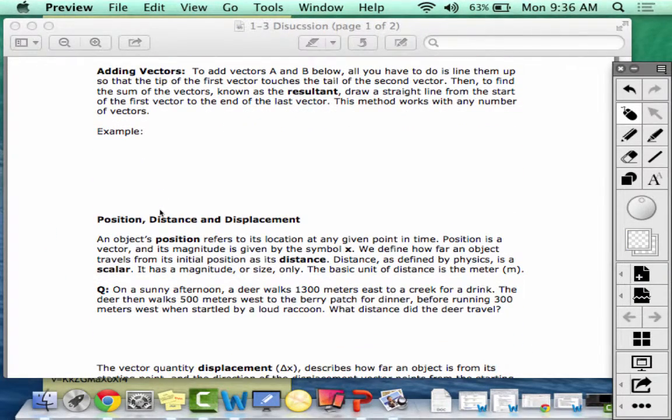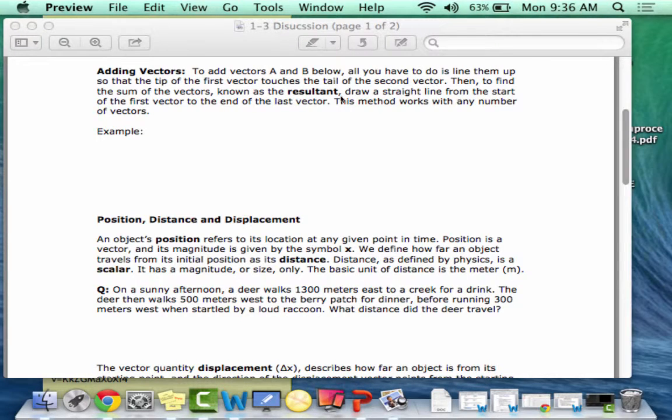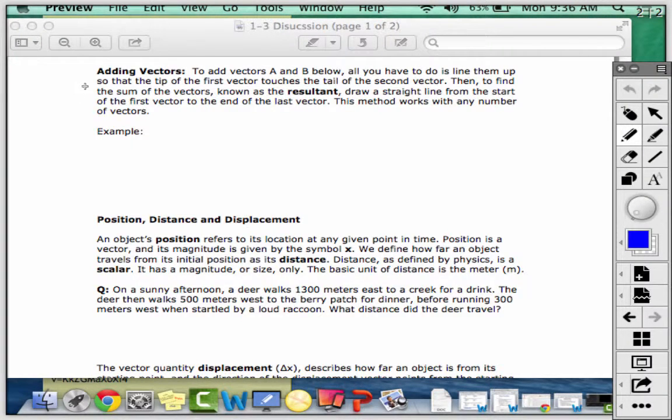Adding vectors is something we'll do in a lot more detail later on. But for right now, let's say, Darian, you play football, right? Yeah. Okay. Let's say Keno and Darian are pulling against each other on a tug of war.